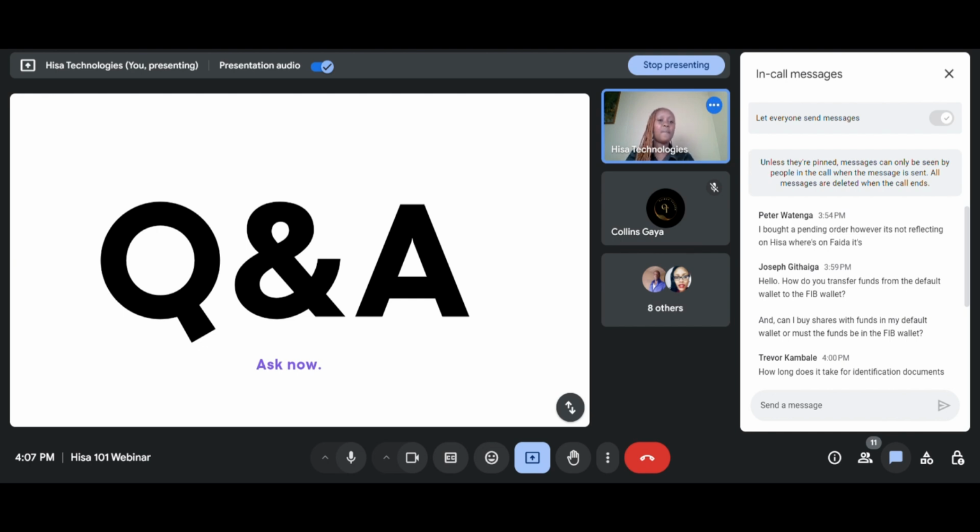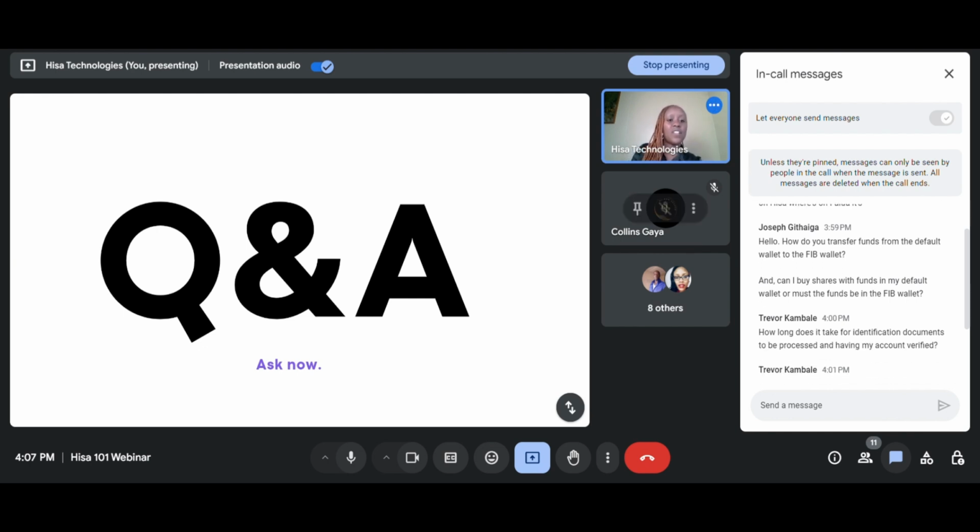All right, Peter? Okay. Joseph is saying, hi, how do you transfer funds from the default wallet to the FIB wallet? Okay, so to transfer money between wallets, for the USD and default wallet, you can easily do that.